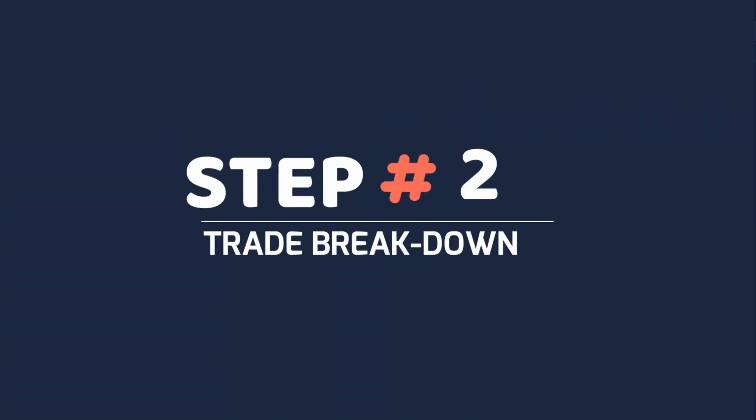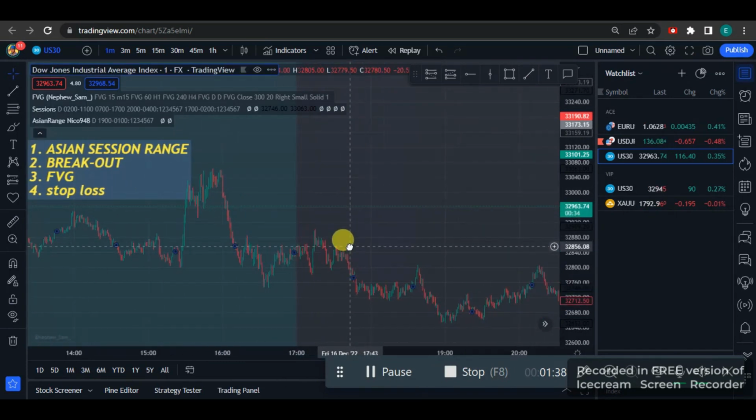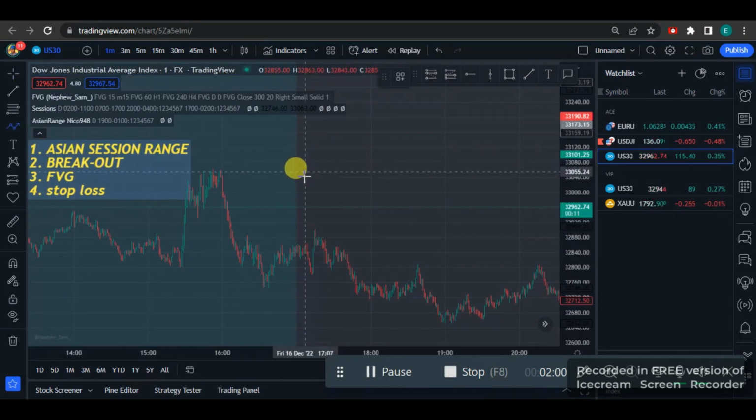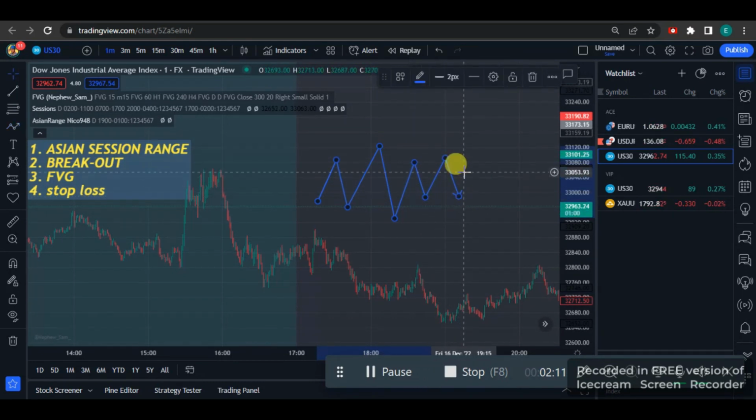All right, guys, so one thing you want to do is look for, let me just use a blank canvas. All right, so you want to look for the Asian session range when it's ranging like this. Let me just assume that, let's say this is the Asian session range where price is just consolidating.